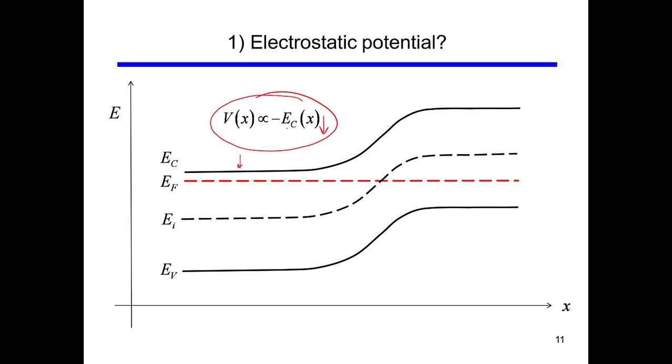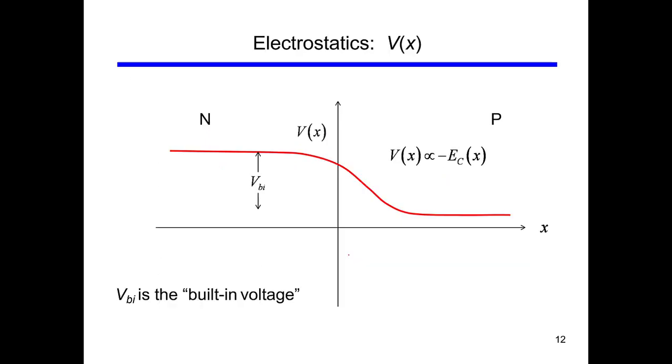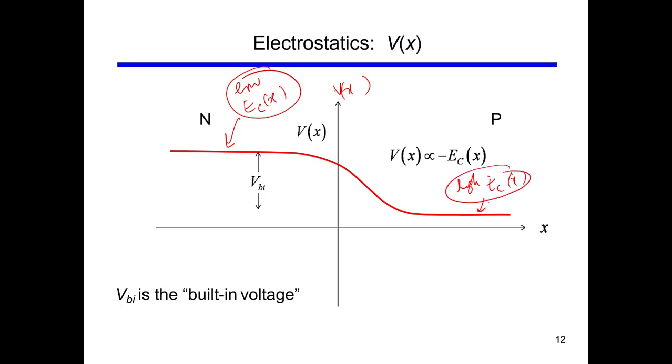If this is low, this will be high. So this is the V(x) curve. EC was low here, so it is high, and EC was high here, so it is low.